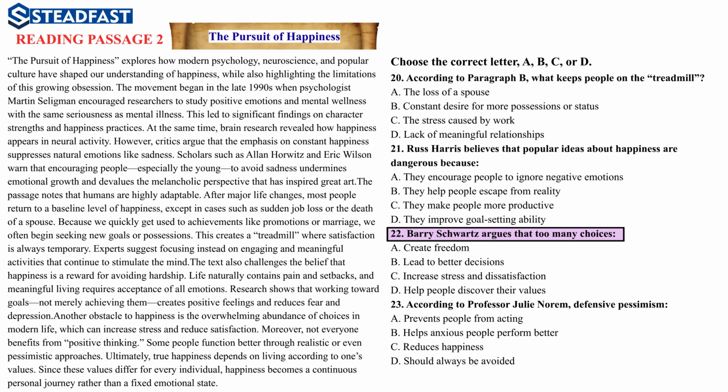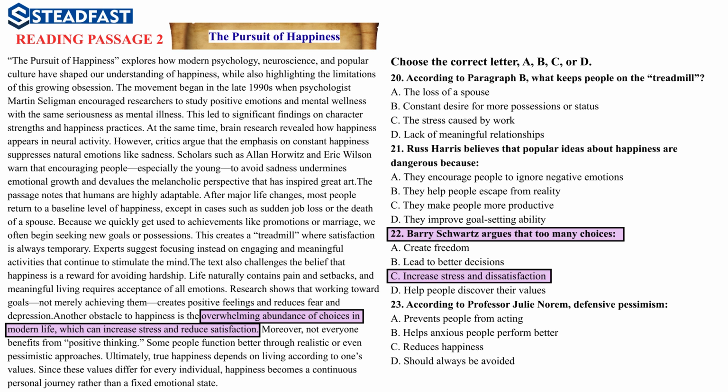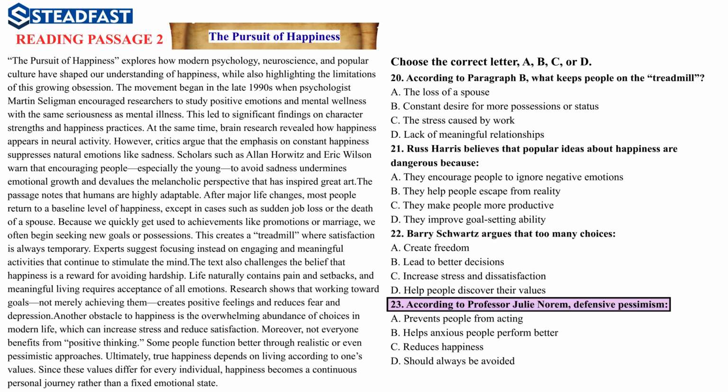Next, question 22. Barry Schwartz argues that too many choices... In the paragraph on choice, it states that an overwhelming abundance of choice increases stress and reduces satisfaction. That aligns directly with option C, increasing stress and dissatisfaction. And the next question, 23.